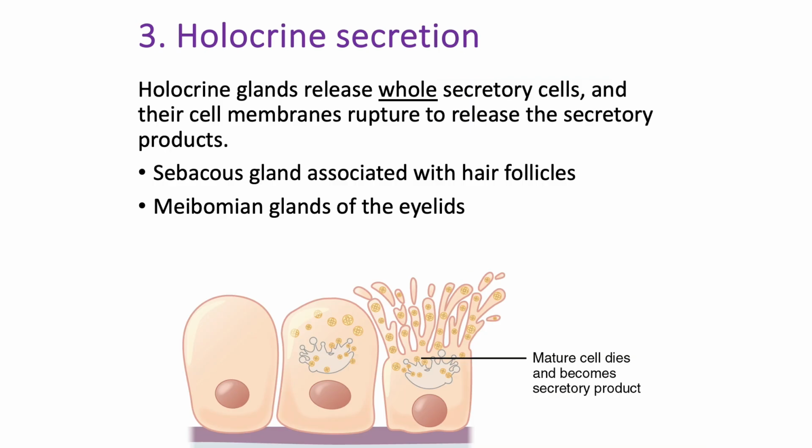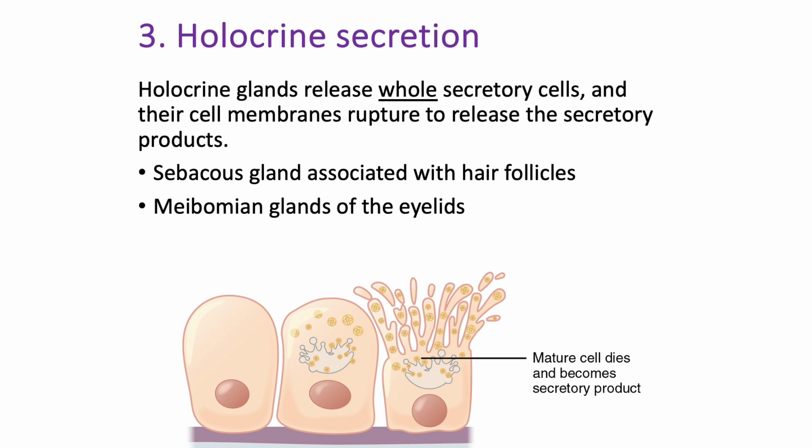Then the last part we will consider will be the holocrine secretion. The holocrine glands will secrete their entire glandular cells, okay, the secretory cells, together with the product. Okay, so you have sebaceous gland, which are associated with hair follicles, going through this process. Then you also have the meibomian gland, also located in the eyelid.